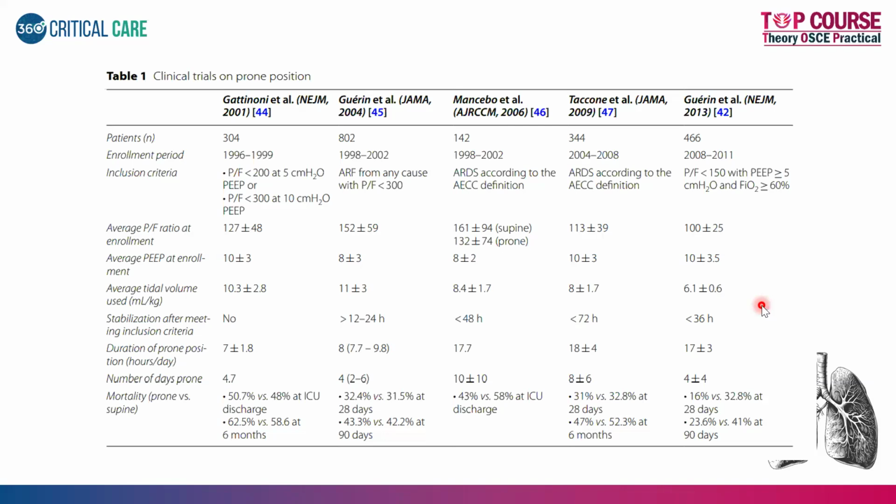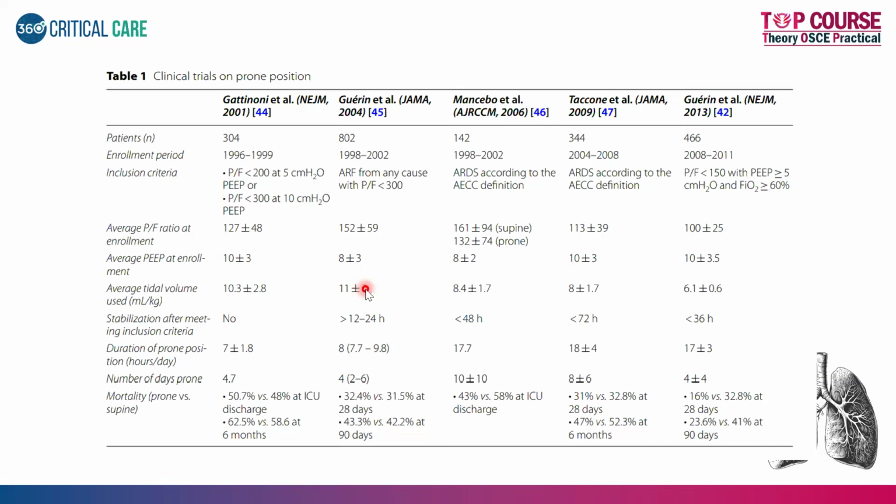Having said all of this, I would also want you to look into the recruitment criteria for the earlier negative trials. If you see closely, they included patients with a PF ratio as high as even 300. That is your mild ARDS patients. So whether the need for this was there is questionable. If you think of proning as a type of recruitment, probably recruiting these patients was detrimental at that time because it might have increased the inflammatory processes.